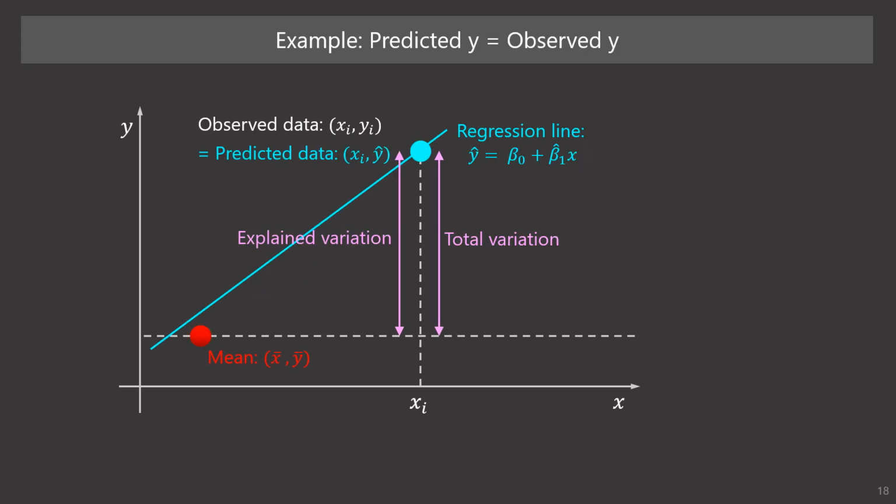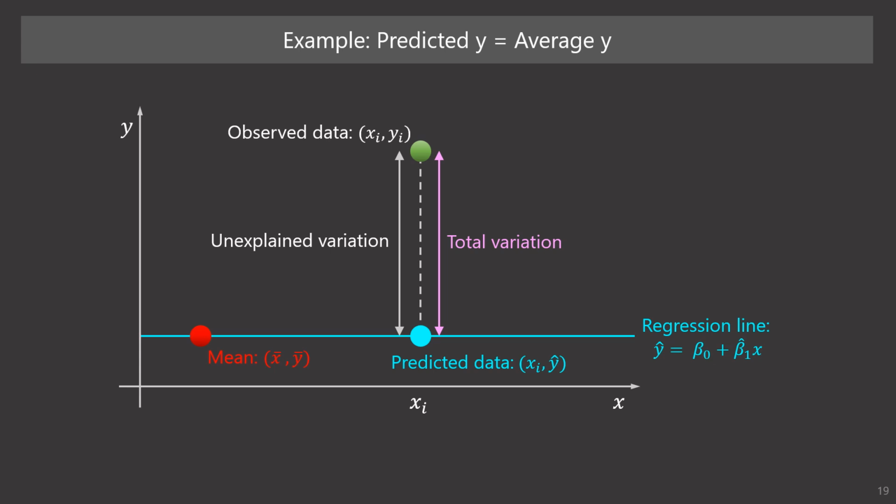Let's consider a case where the predicted y equals the observed y. In this case, the regression model makes a perfect prediction for the data point. So, the unexplained variation equals 0. So the explained variation equals the total variation. In other words, the regression model explains 100% of the y's variation.